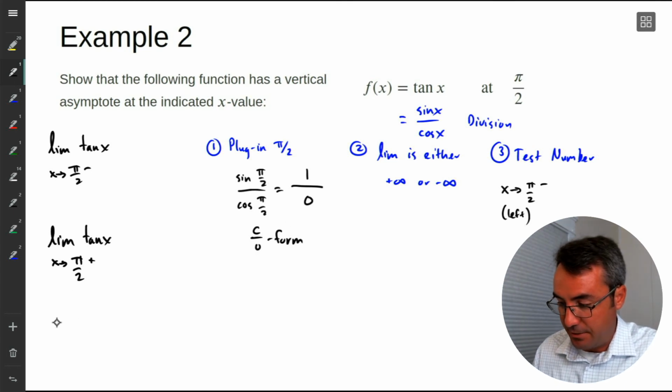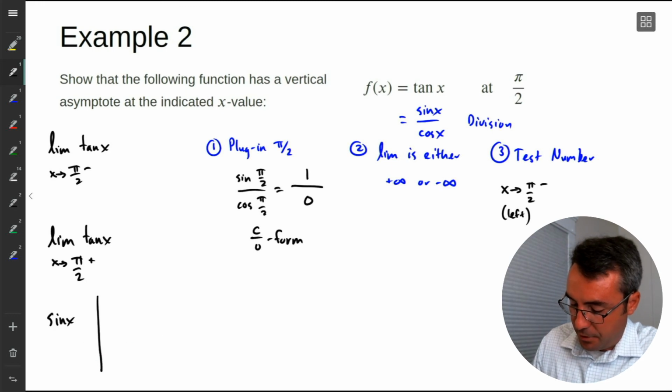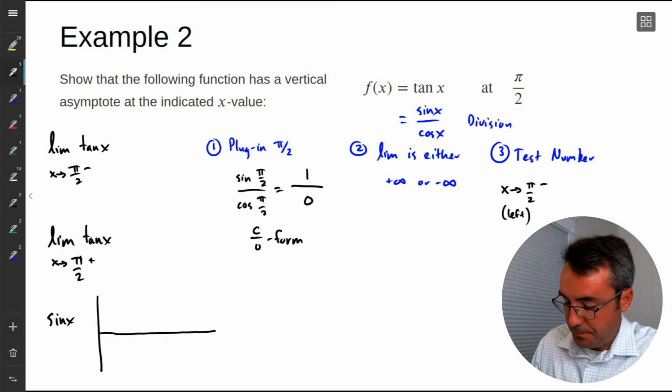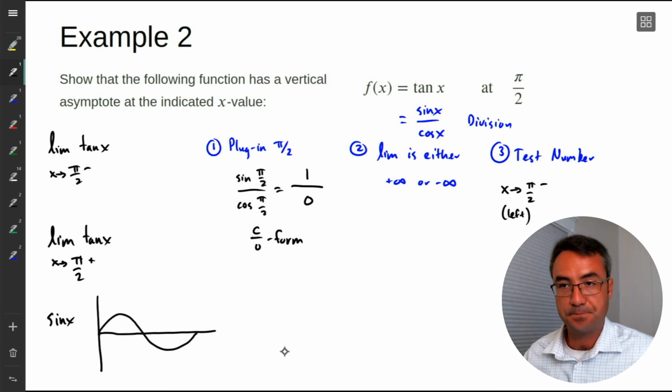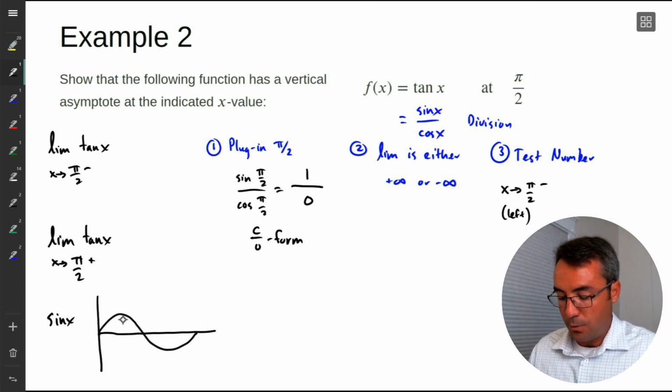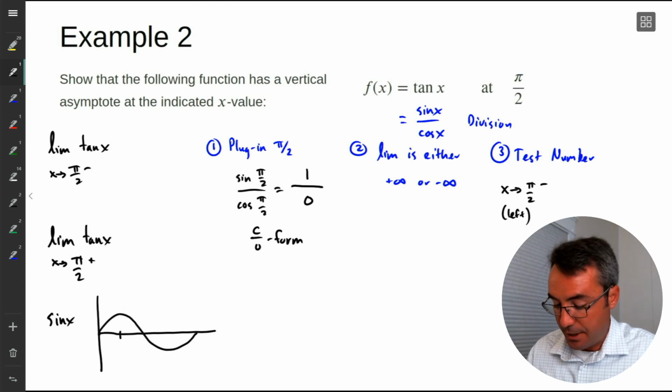So sine, what does sine look like? Let me move that line up a little bit. There we go. And so sine starts at the origin, and then it looks something like this, and then it keeps repeating. And so where it hits this maximum, this peak right here, this is pi over 2.